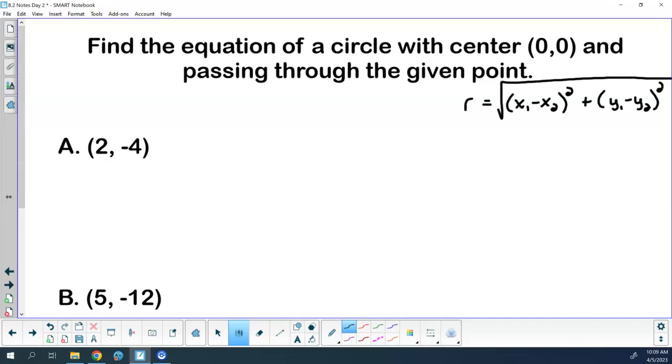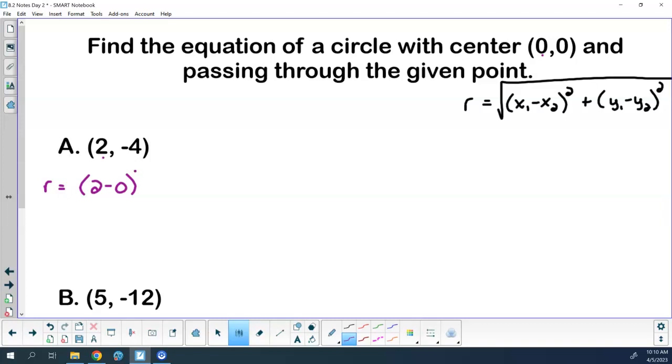So the distance formula is the square root of the sum of the squares of the differences of the x values and y values. What that means over here in example A, I'll do example A, and then I want you to do example B, is my radius would be 2 minus 0. 2 comes from the point that's on my circle. 0 comes from the x part of my center.